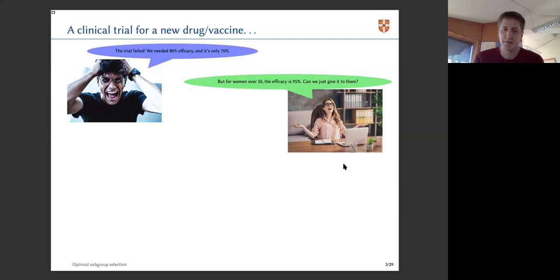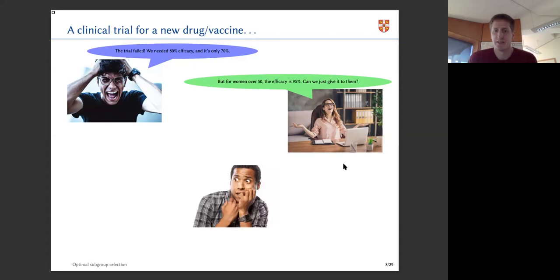But I think instinctively our reaction to that is something like that, right? We're pretty worried about the prospect of just doing this. And so we need to think to ourselves, well, why are we worried about this? 95% does sound like a very high number.